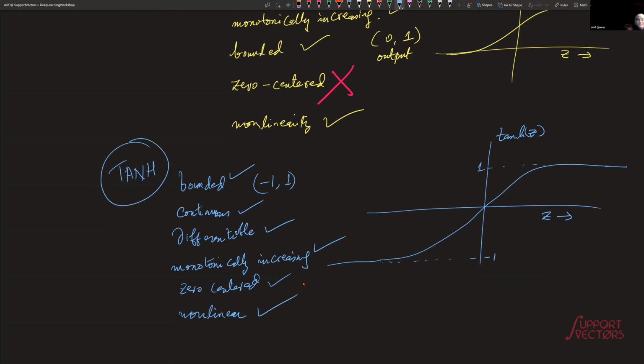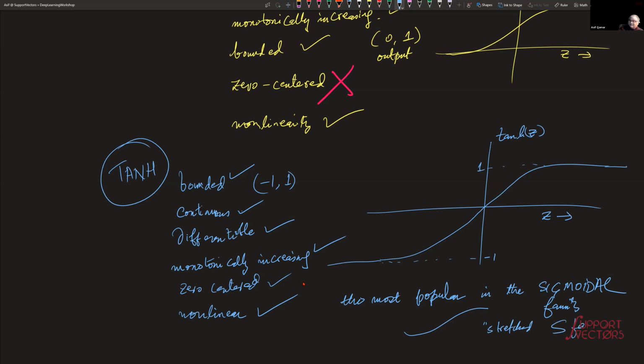So this is actually a very popular activation function in the sigmoidal family, I would say the most popular in the sigmoidal family. Sigmoidal is this shape family, the stretched S family. So this is good.